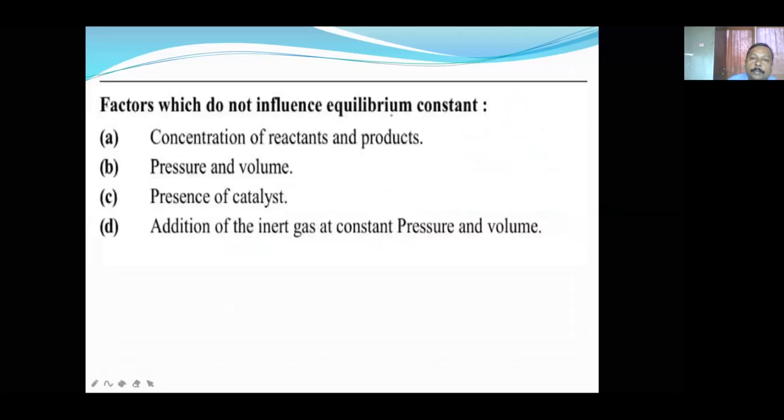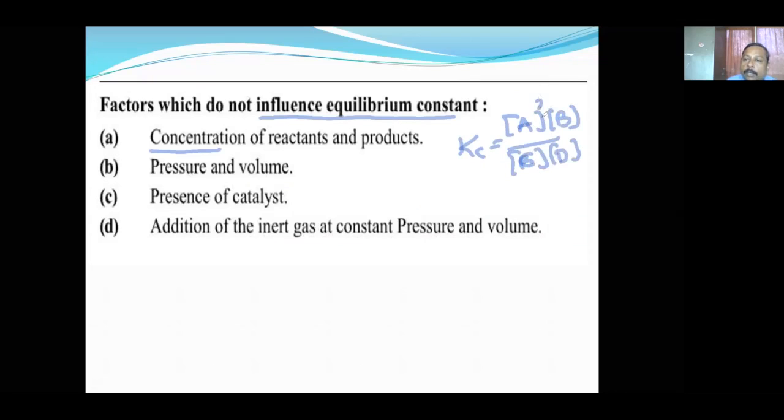Okay. Factors. Most people think that some factors do not influence the equilibrium constant. So if I increase the concentration, see what people answer during the question session. Suppose C and D are raised to the power of 2.